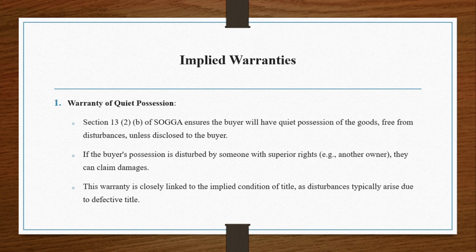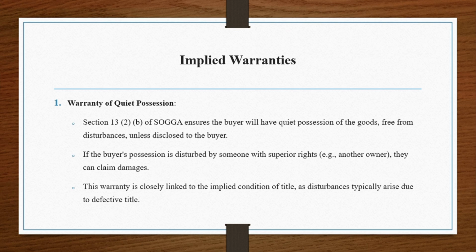But in case someone comes out and says they are the true owner of that land and they disrupt your possession of the land, then the buyer has a right to claim for the damages caused because they breached the warranty of quiet possession. So this warranty is often connected to the implied condition of title, as disturbances typically occur when the seller does not have the right to sell the goods.